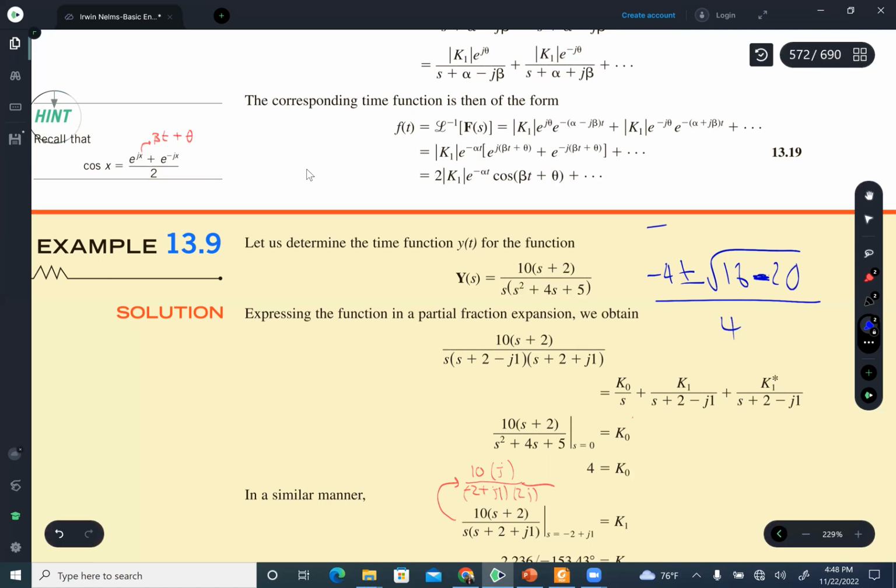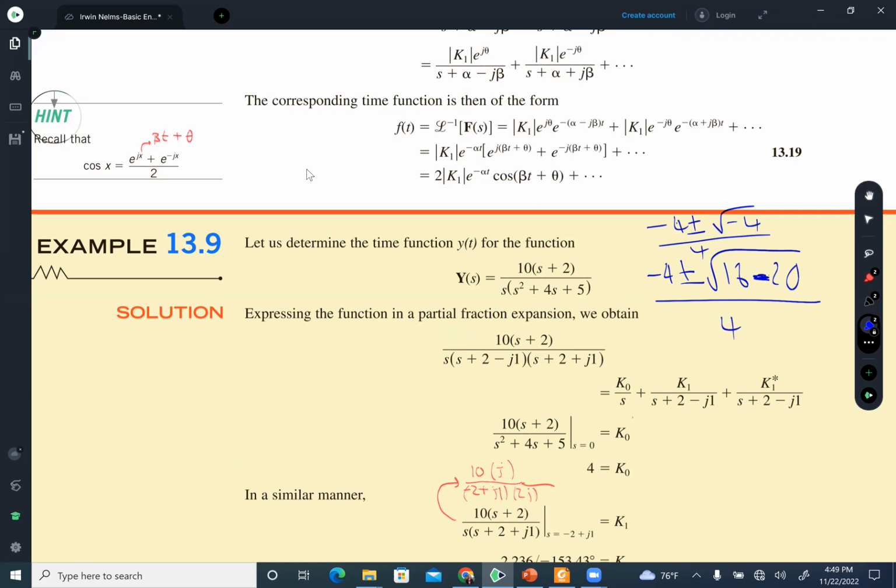That's minus 4 plus or minus square root of minus 4 divided by 4, right? Square root of minus 4 is 2j. So you get minus 4 plus or minus 2j over 4, right? What did I do? Somebody can check me, hopefully.